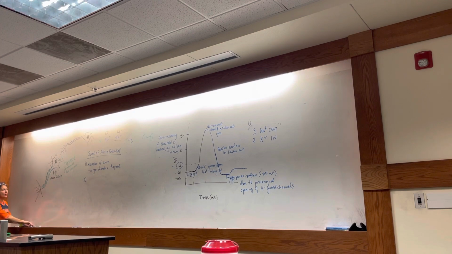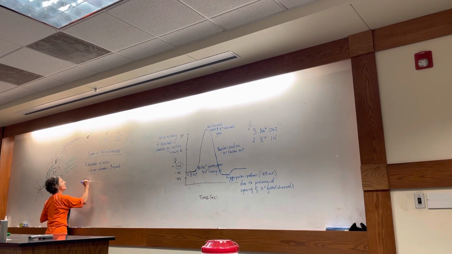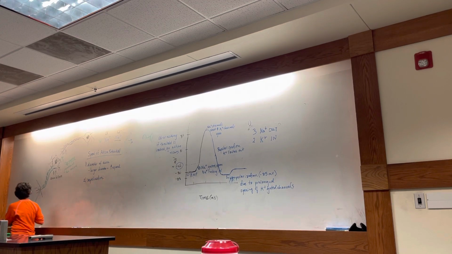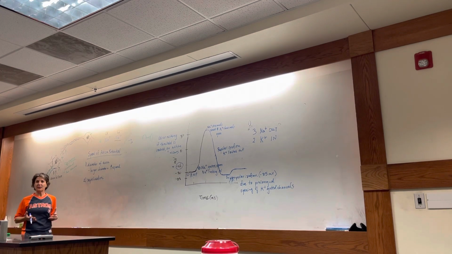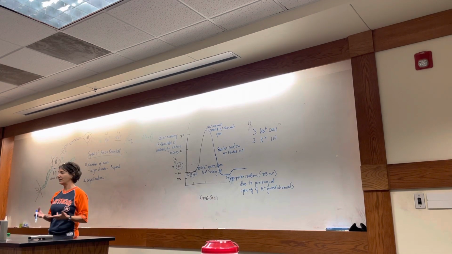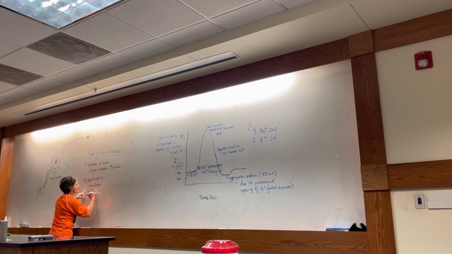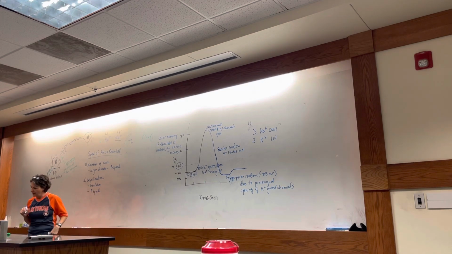What's that material called? Myelin. So if the axon is myelinated, if it's insulated, it's going to allow the electrical impulse to travel faster. So myelin, insulation, increases the speed. So two factors increase the speed of a signal: larger diameter and myelination.